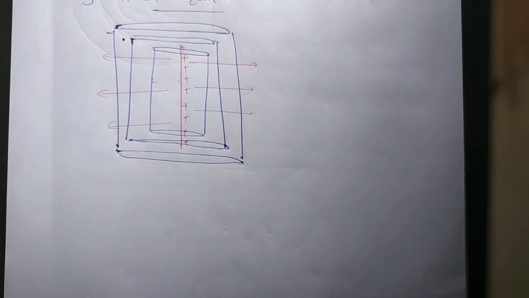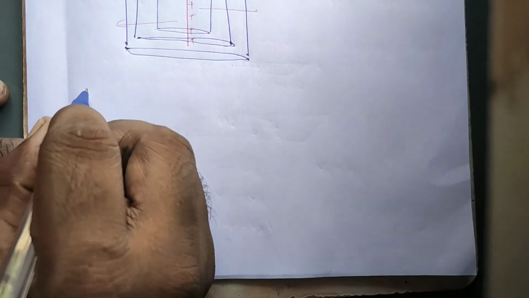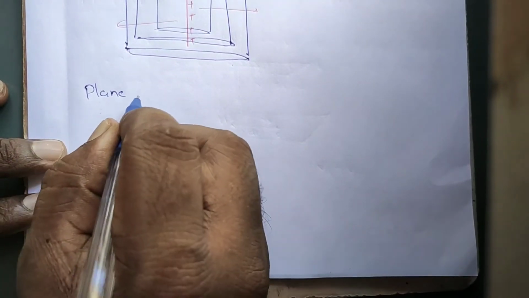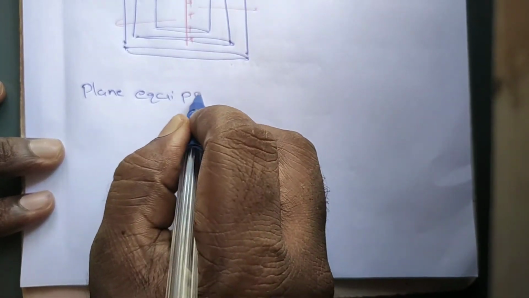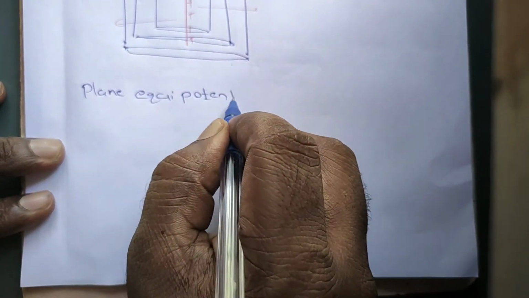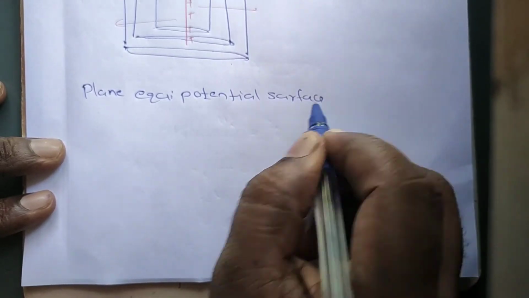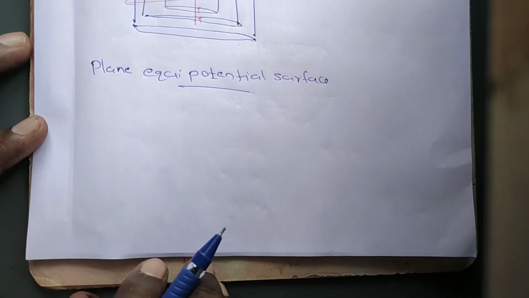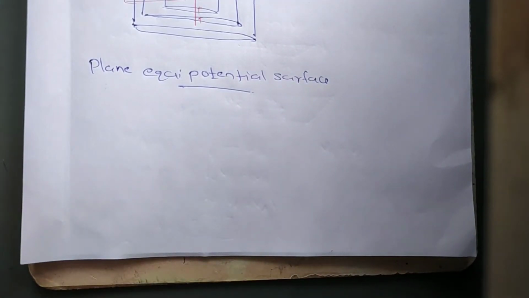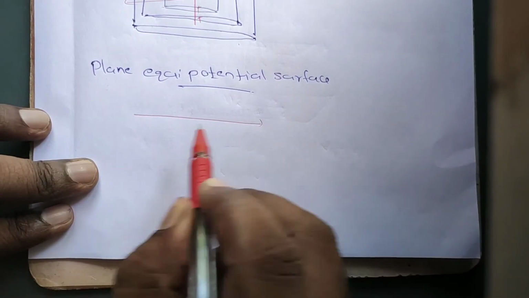Next we are going to see the plane equipotential surface. Clear? So I am going to imagine there is an electric field in this direction. So there is a uniform electric field.